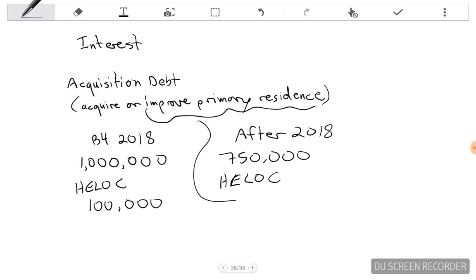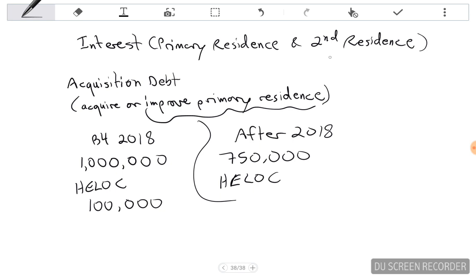Another thing you can take interest for, interest expense, is investment interest. So this was for your primary residence. Now, strangely enough, this threshold applies to a second residence, like a vacation property.